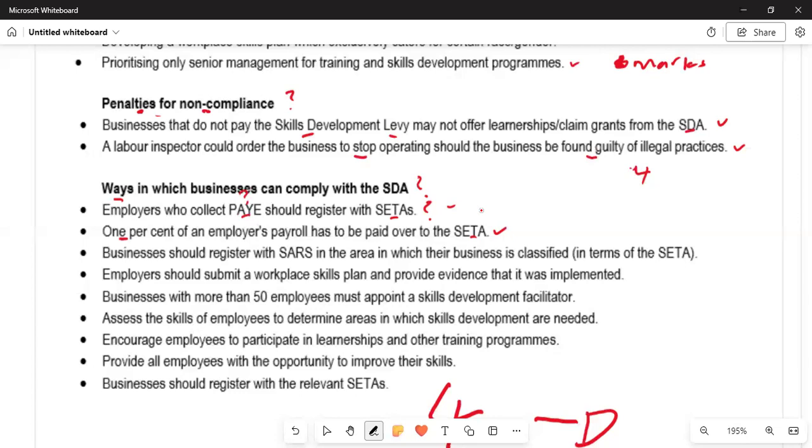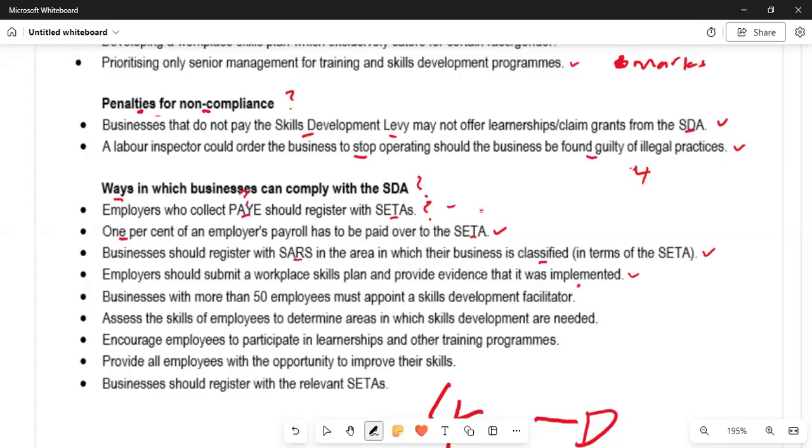Businesses should register with SARS in the area in which the business is classified in terms of SETA. Employers should submit a workplace skills plan. It's very important to know what this is all about. The SETA wants to know what those plans are.